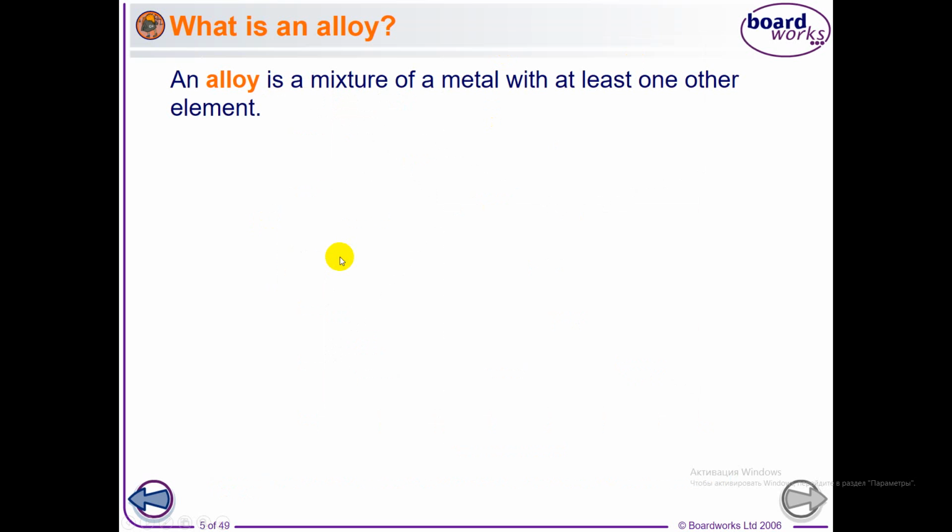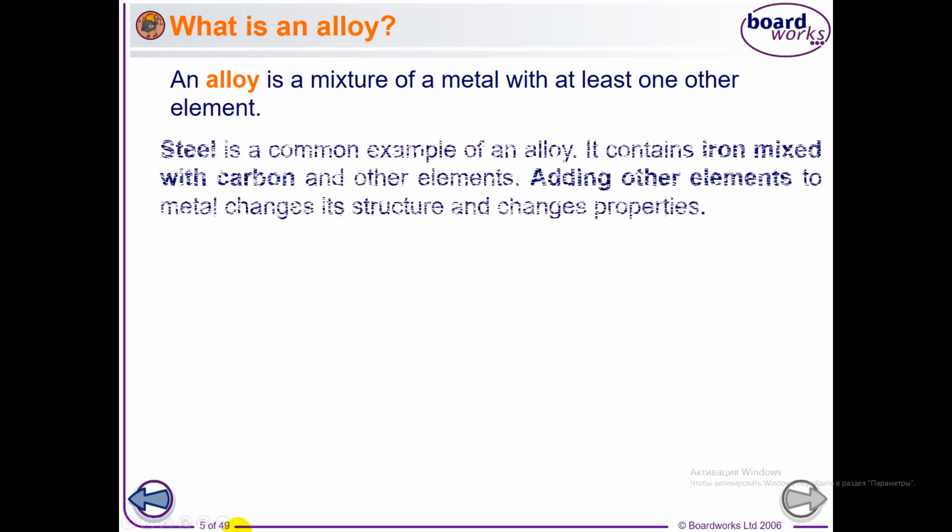So, what's an alloy? An alloy is a mixture of a metal with at least one other element. Steel is a common example of an alloy. It contains iron mixed with carbon and other elements.